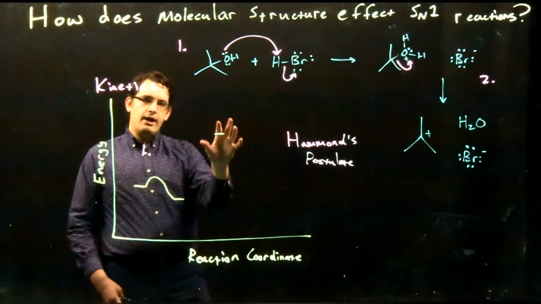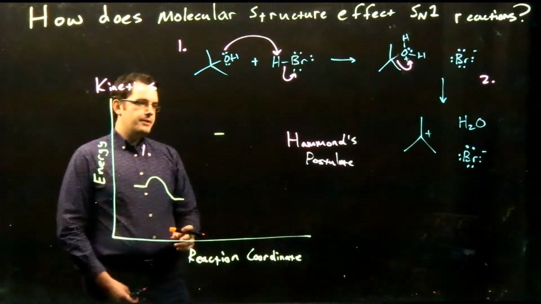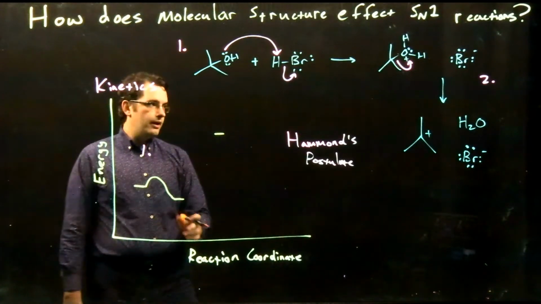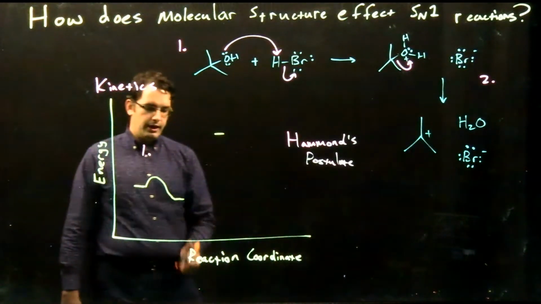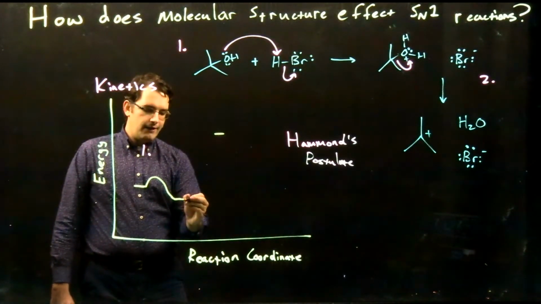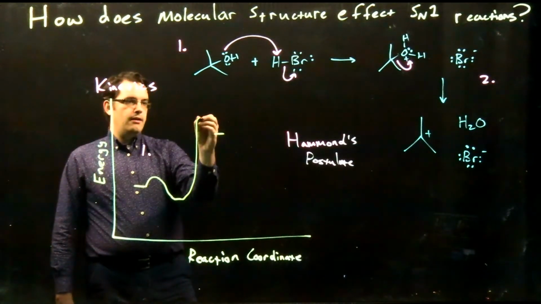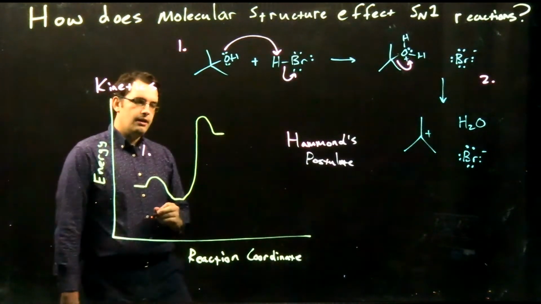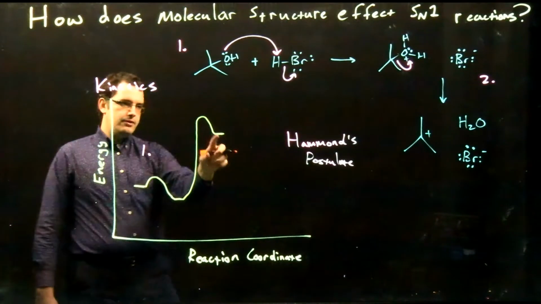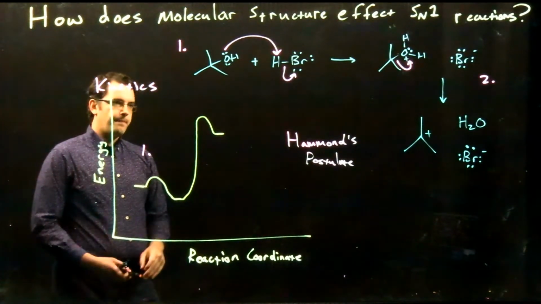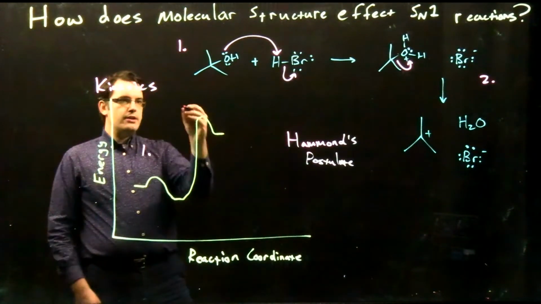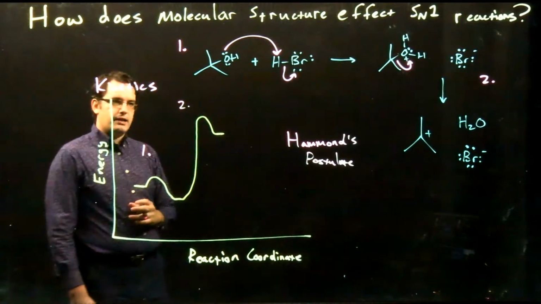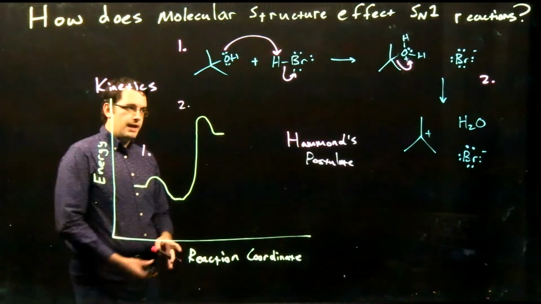So if we're way up here, in terms of our energy of our intermediate, our carbocation that we created, we also have to go way up here with our activation energy in order to get there to our intermediate here. So we have this very large hill, this very large activation energy barrier in this second step.